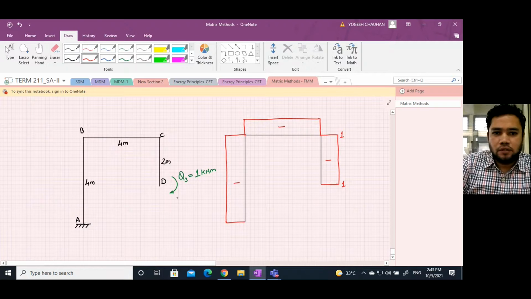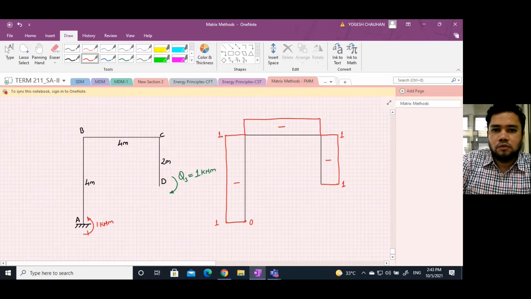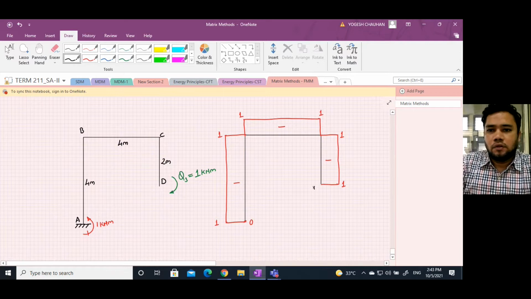See, this is acting in clockwise direction. The reaction here will be in anti-clockwise direction, 1 kilonewton meter. So it will be 0 here. This is 1, 1, 1 here, 1 here. This is the small M3 diagram.